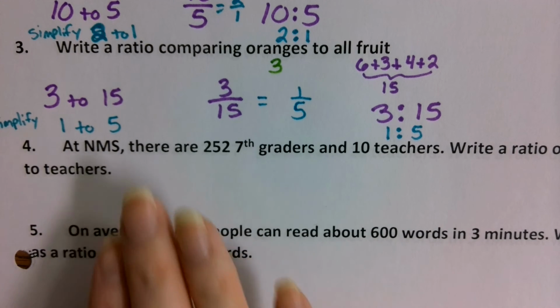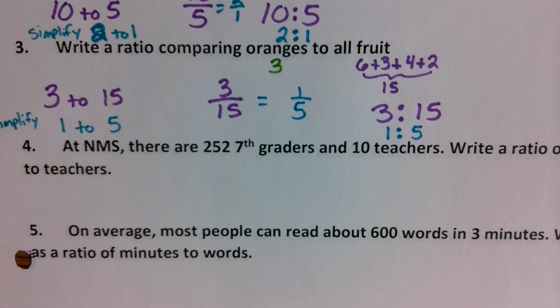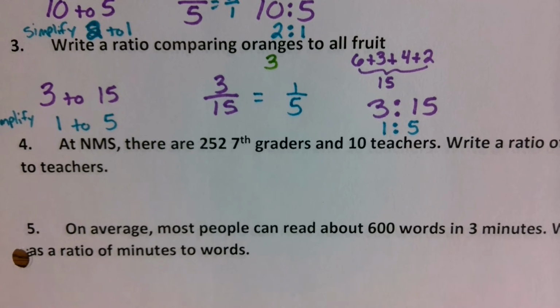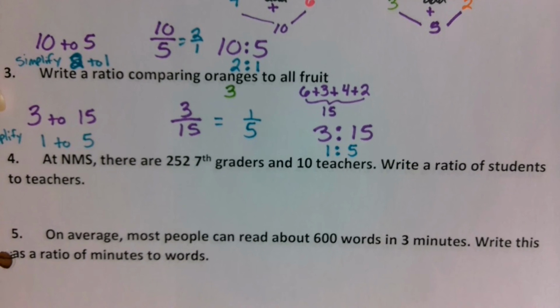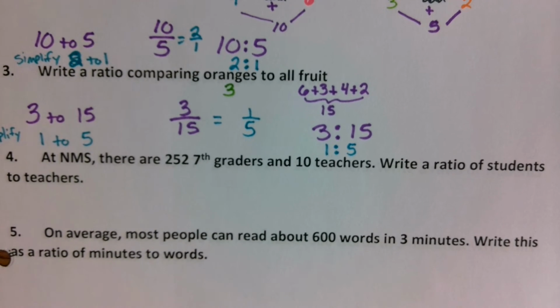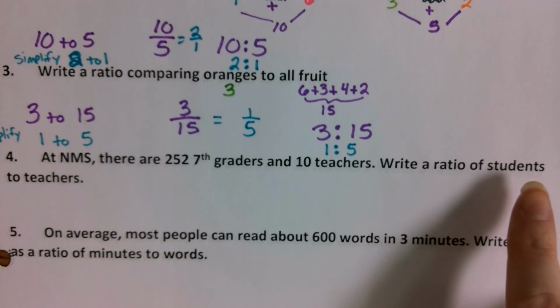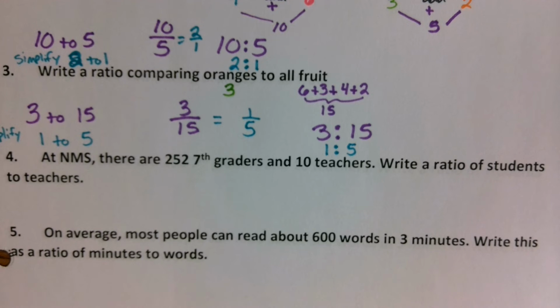For problem 4, at Northbrook Middle School, there are 252 7th graders and 10 teachers. We're going to write the ratio of students to teachers. So the problem tells us the order that we're going to write it in. What number are we going to write first? 252.